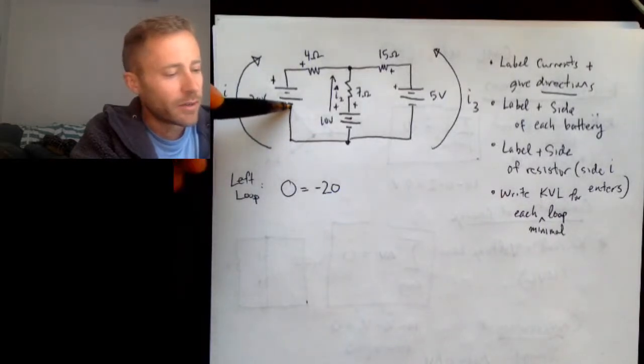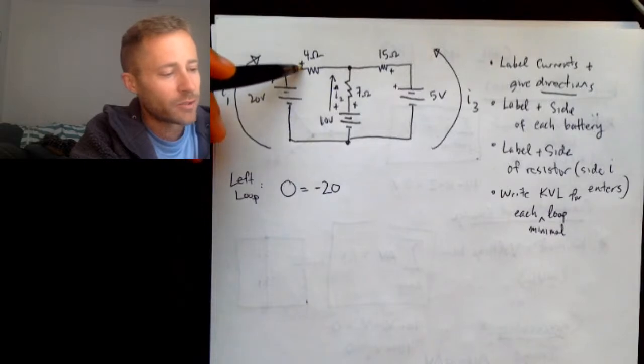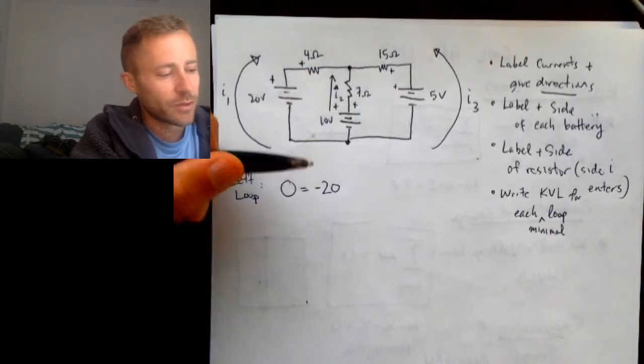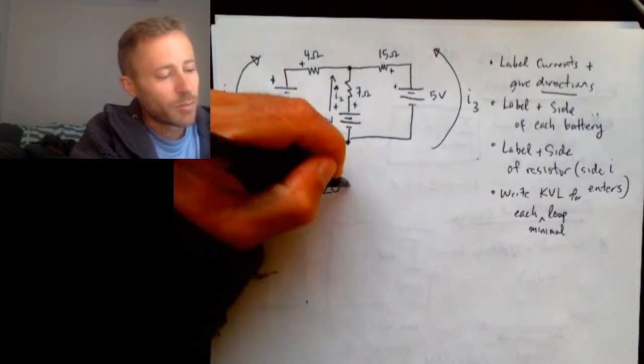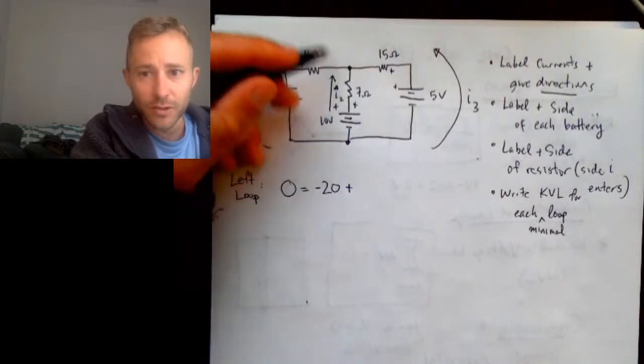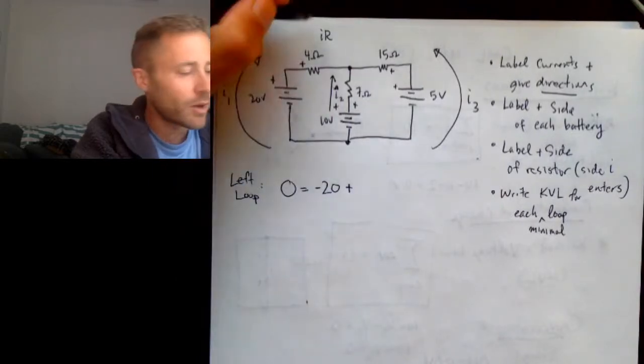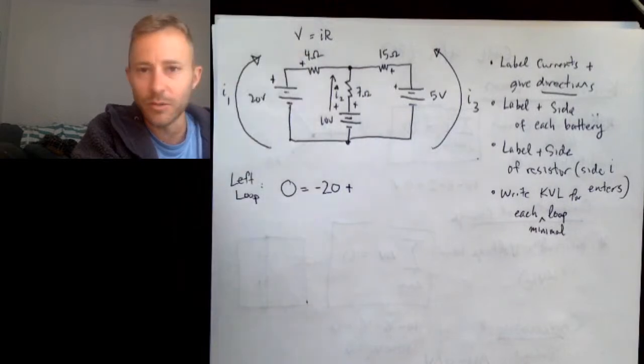Then I continue around the loop, and then I run into the positive terminal of this resistor. So I'm going to put plus, and then the voltage drop across a resistor is IR, according to Ohm's law. That's what Ohm's law says, V equals IR.